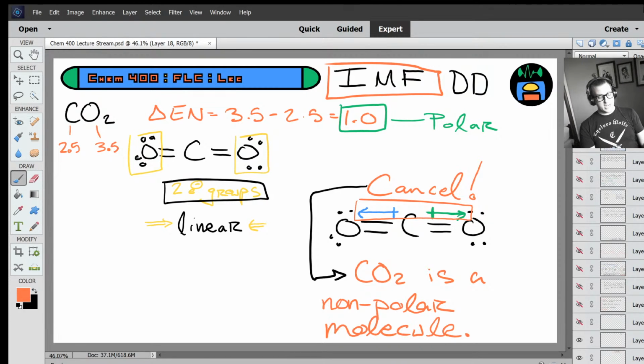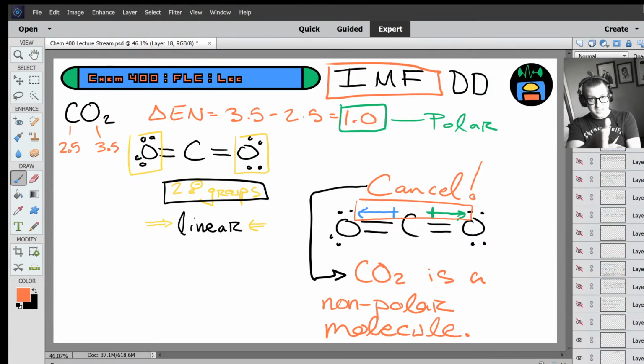All right, here's a way to think about it. You've got one oxygen on one end that's pulling on the electrons towards itself. You've got the other oxygen on the other end that's pulling in the opposite direction. They're pulling in opposite directions with equal strength, all right? This is like a tug of war, where you have 2 people on opposite ends who are equally strong, pulling as hard as they can.